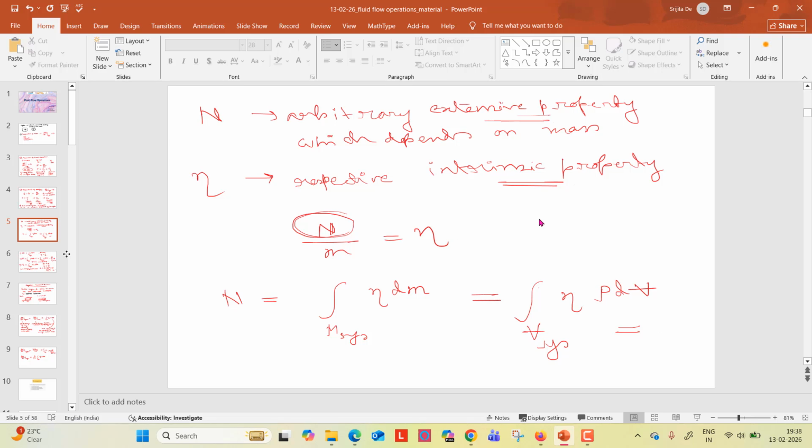This extensive property can be written in integral form, with the intrinsic property integrated over the mass of the control volume or over the system.